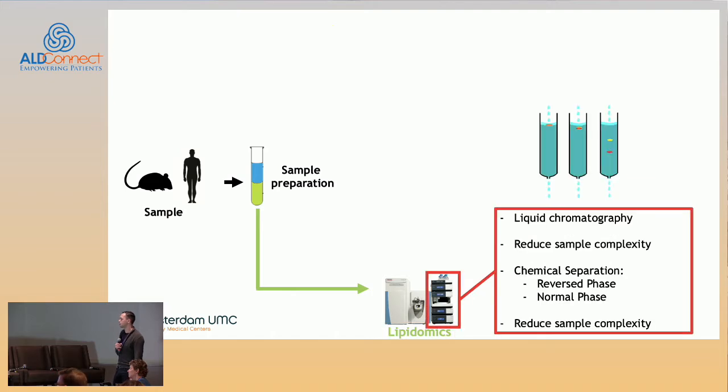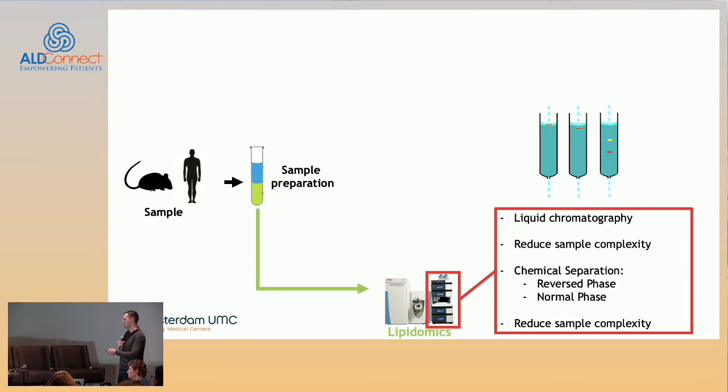Our lipidomics profile utilizes LC-MS, so we use liquid chromatography to reduce sample complexity. Chromatography is nothing else than the chemical separation of certain lipids to reduce this sample complexity, so analysis is more efficient. We use two chemical separations for this, called reverse phase and normal phase, and they relate to the chemical nature of the separation.